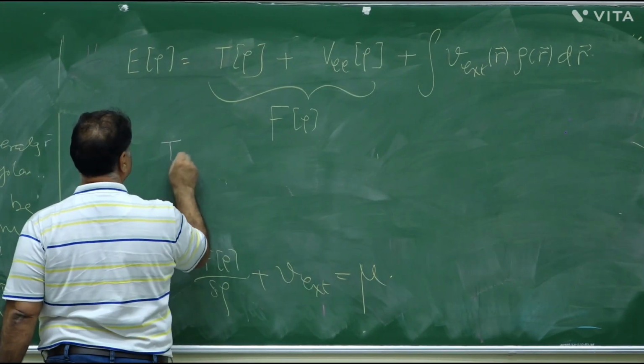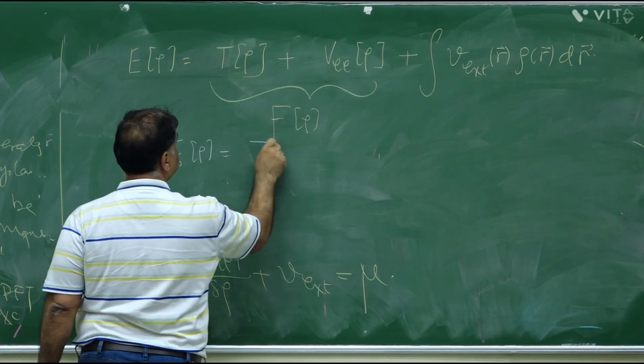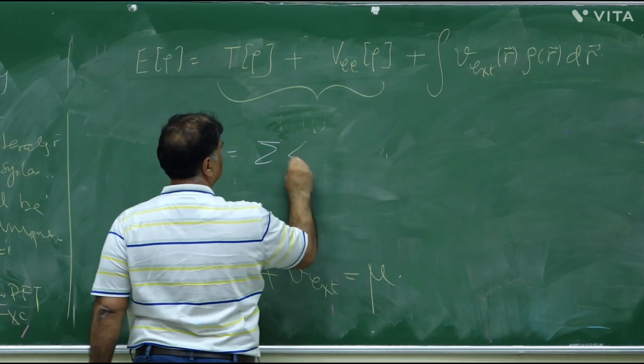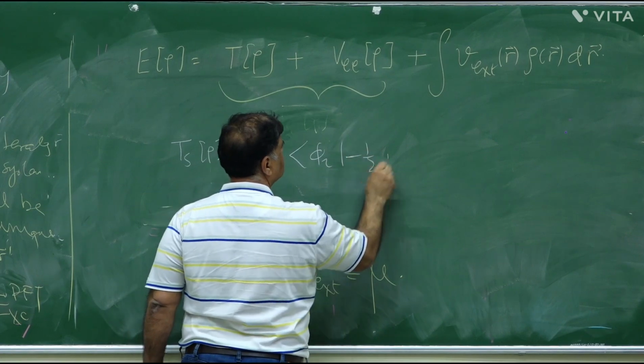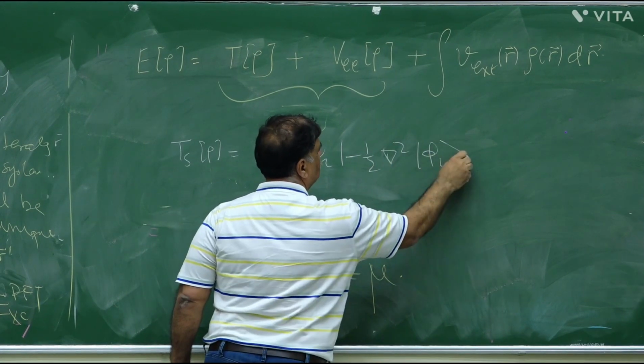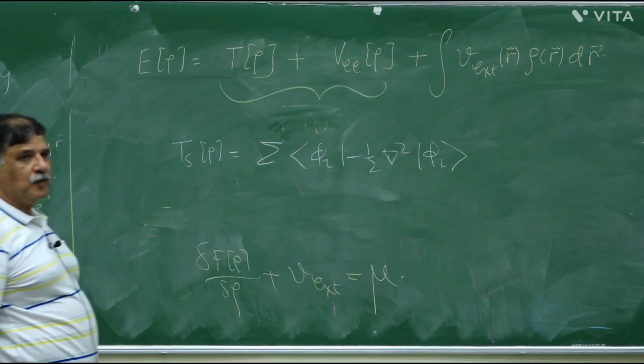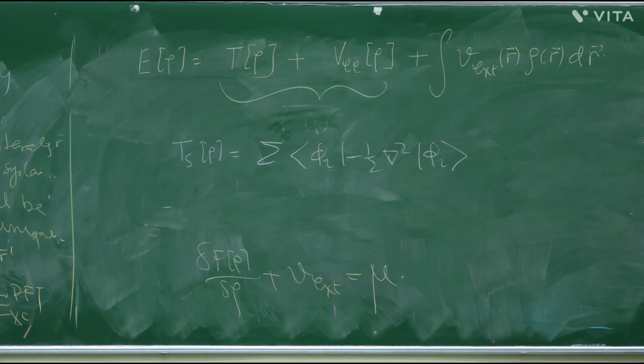Alright? Once I do that, then what is my equation? By the way, T_s[rho], because it's non-interacting, is going to be in terms of some orbitals phi_i, minus 1/2 phi_i del square phi_i, where phi_i will also be functionals of rho. Okay?